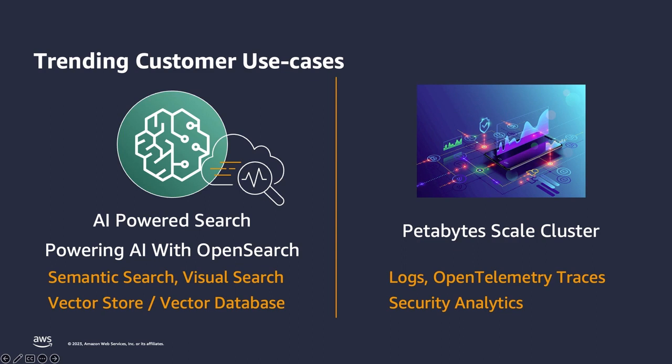On the log analytics use case, the trending customer use case that we've seen is customers running petabyte-scale clusters, ingesting a large number of logs or traces, even metrics into their cluster. And then we have also seen customers use Amazon OpenSearch for their security analytics use cases.